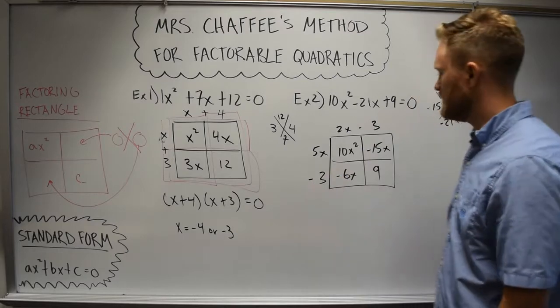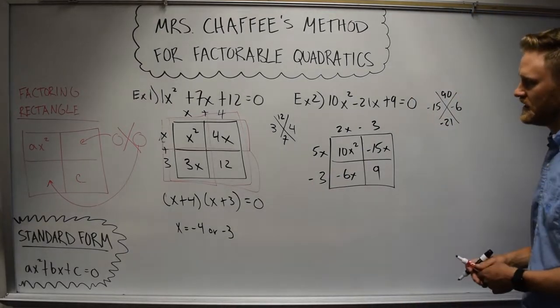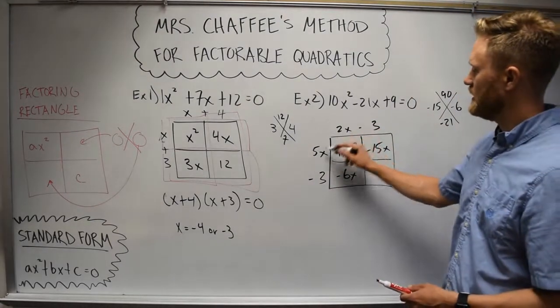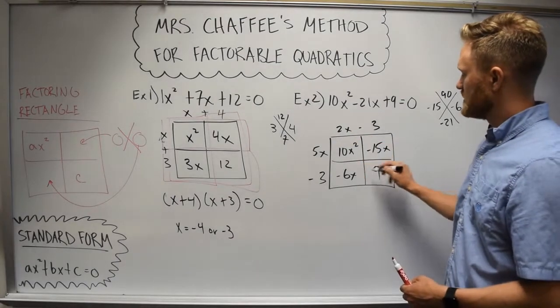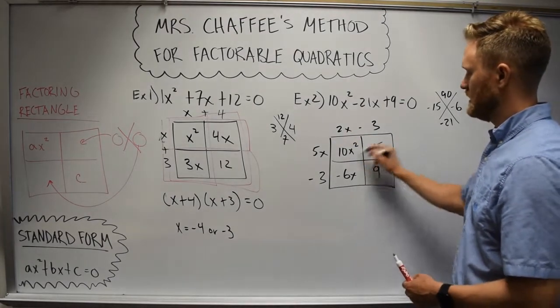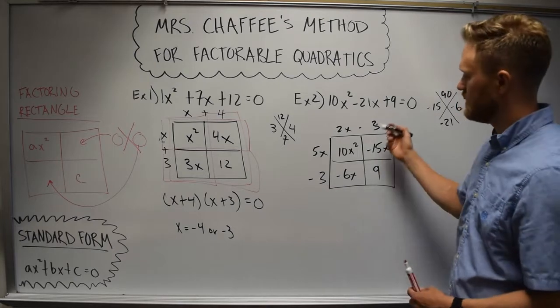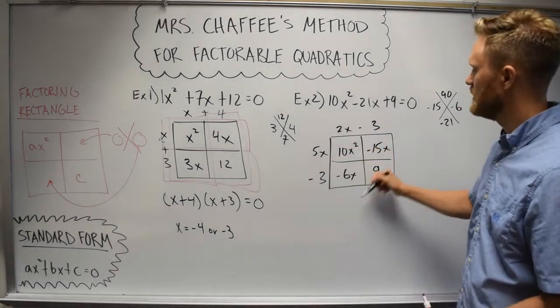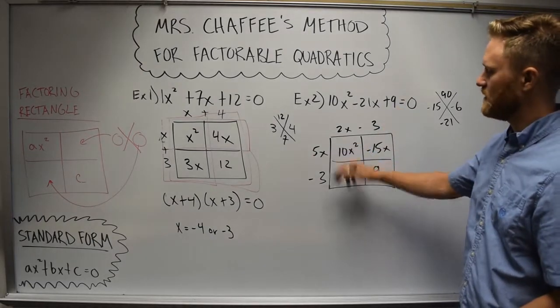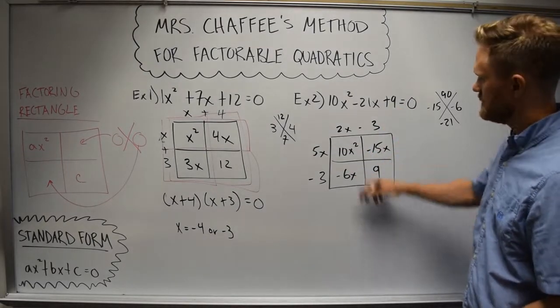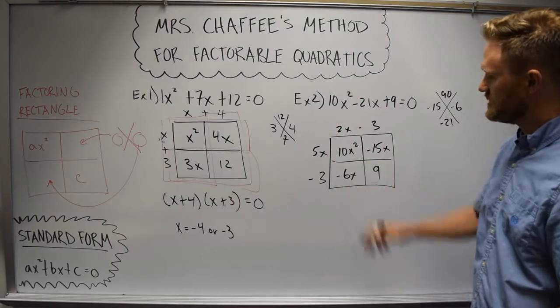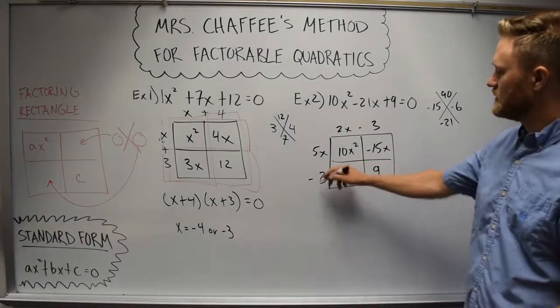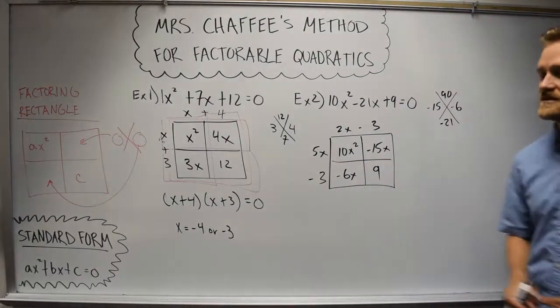Now one thing that you need to make sure you check is that when you multiply, you get the same values in this diagram here. So what I mean by that is 2x times 5x is 10x squared. Negative 3x times 5x is negative 15x. 2x times negative 3 is negative 6x, and negative 3 times negative 3 is positive 9.